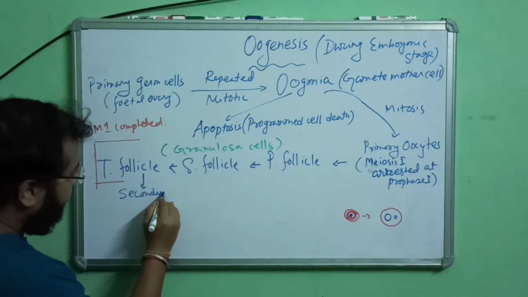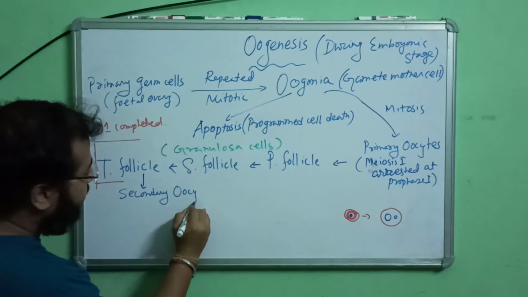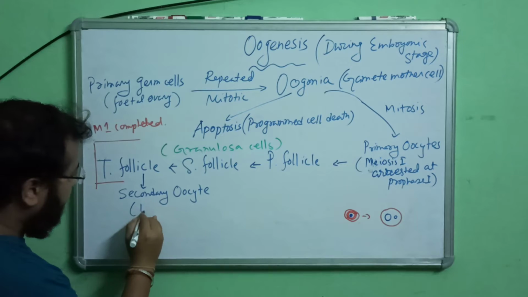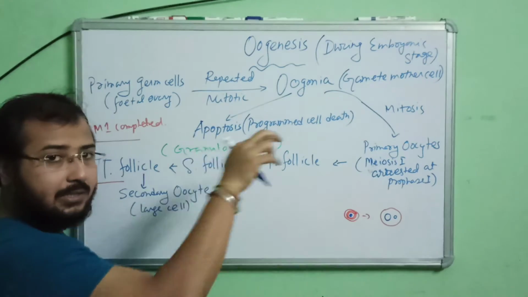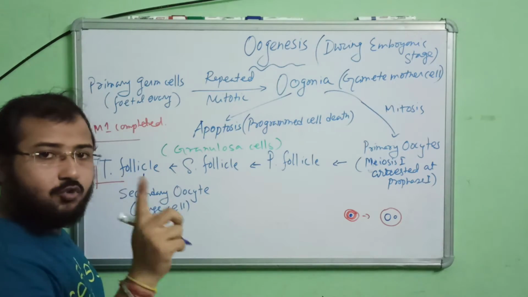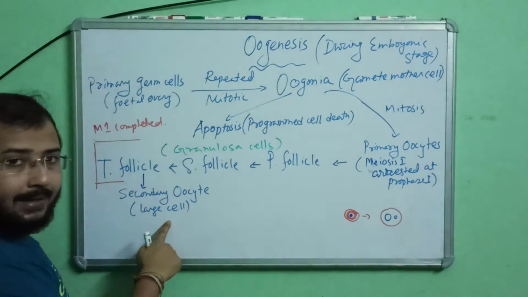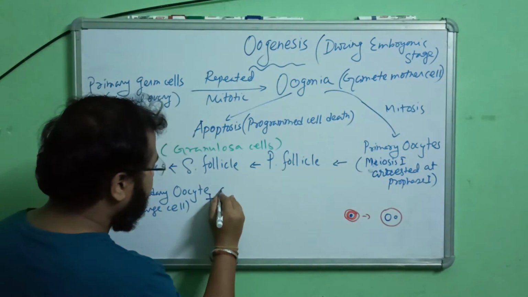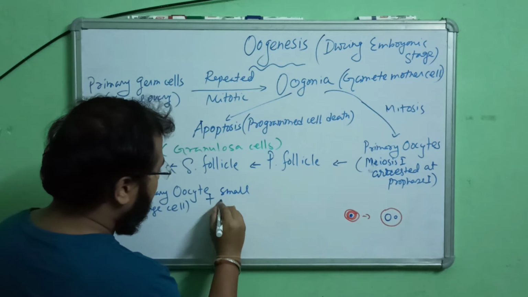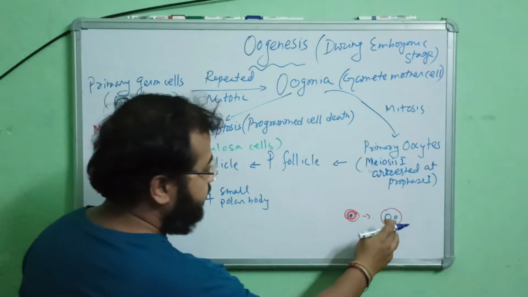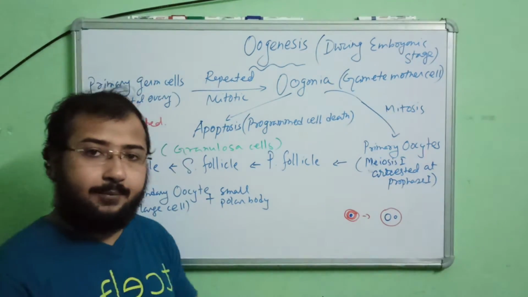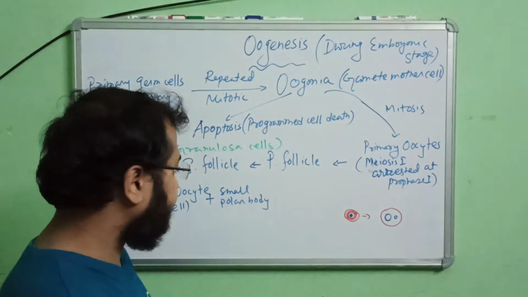The primary oocyte divides into two cells, one large and one small. The large one is the secondary oocyte, plus one small polar body. Both of these are haploid in nature.